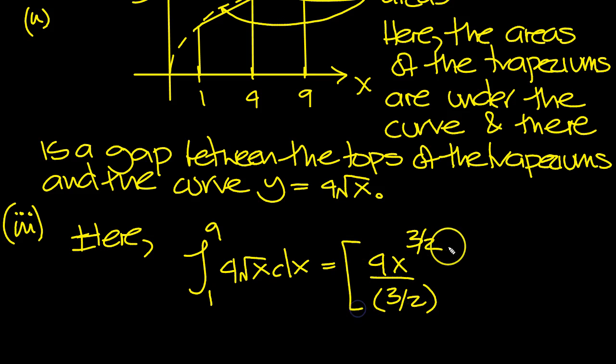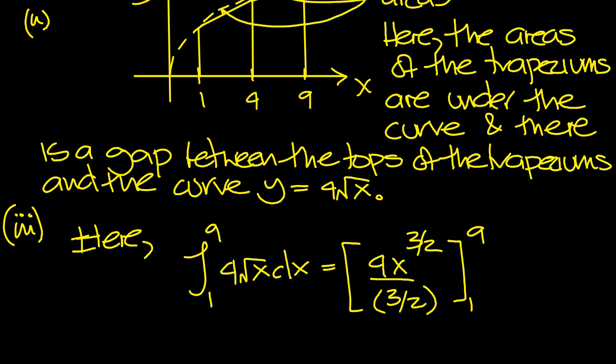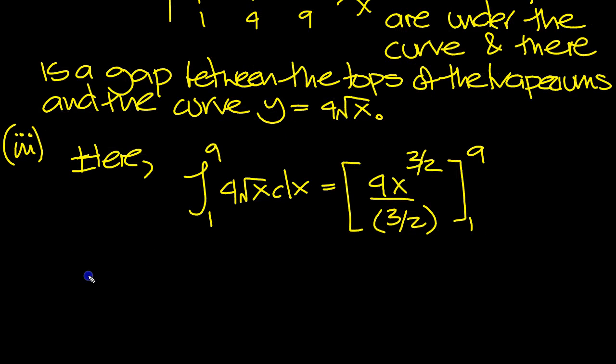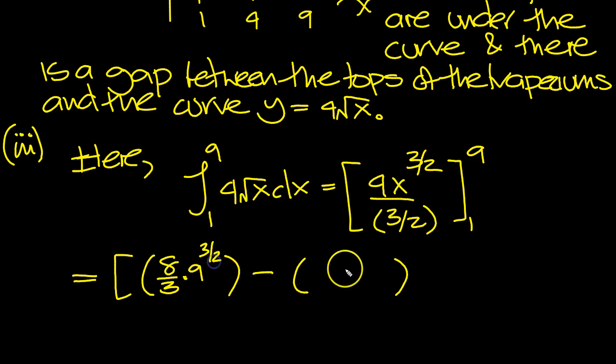And that's to be evaluated between 1 and 9. So that's equal to, basically the 2 swings up to be with the 4 to make 8/3. So it's equal to top value take bottom value. So it'll be 8/3 of 9 to the 3 over 2 minus 8/3 times 1 to the 3 over 2.